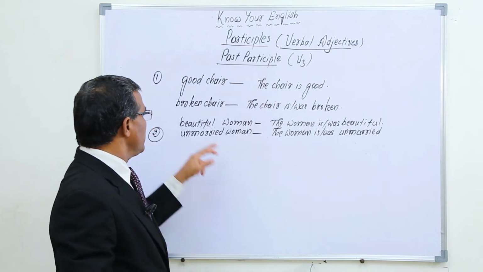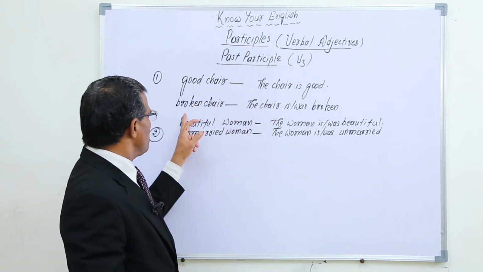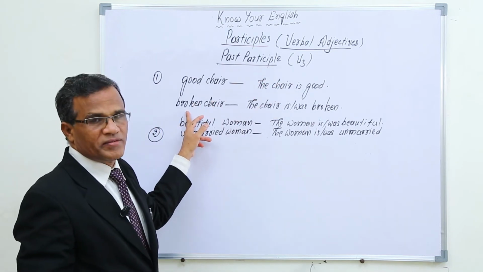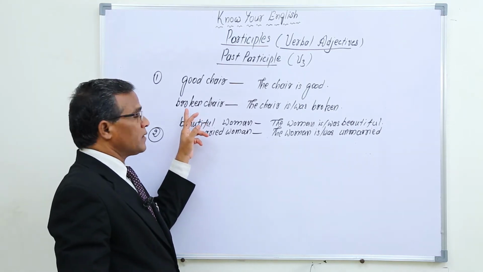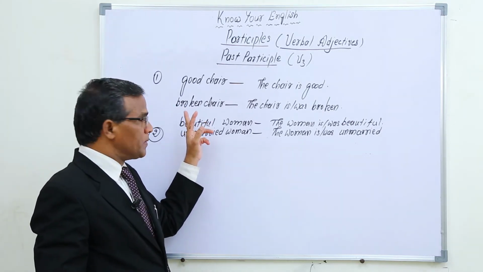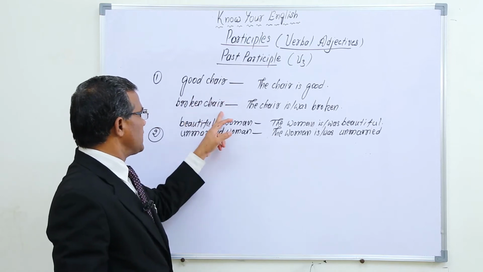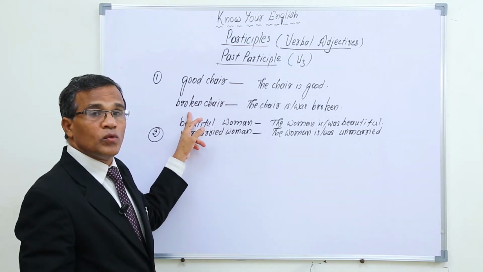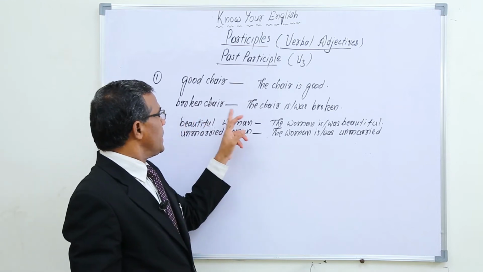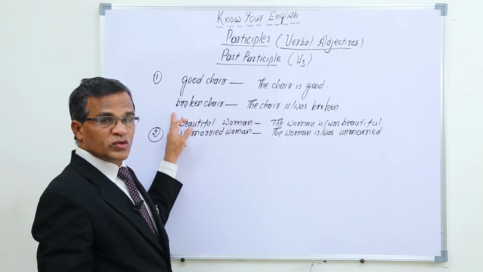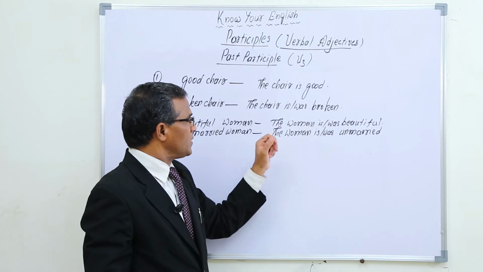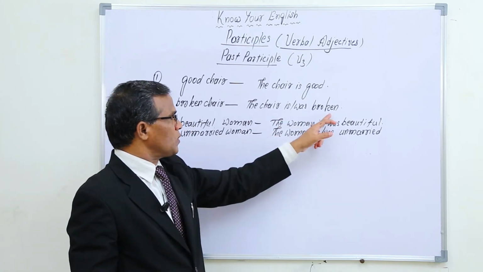And in the same way, third forms, V3: break, broke, broken. The third form of the verb break is broken. So broken chair, just like good chair, broken chair. And broken is also working as an adjective here. Before a noun we are able to use this as an adjective, and after be form also we can use it: the chair is broken.